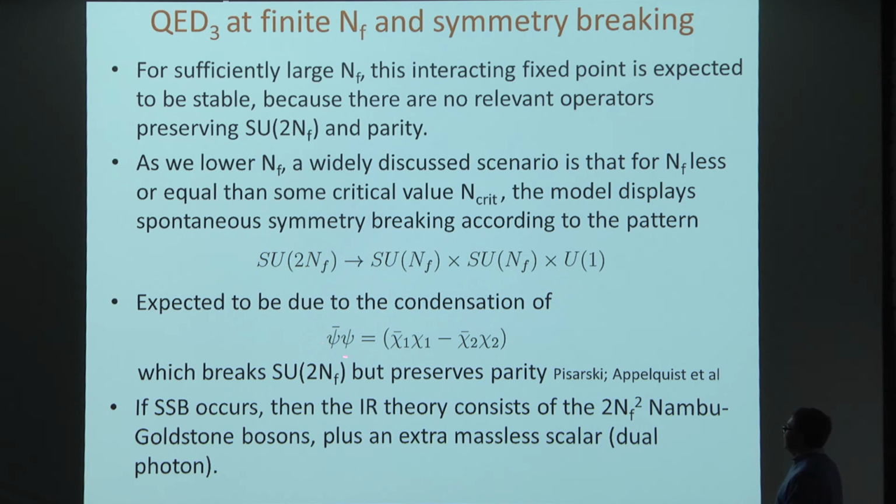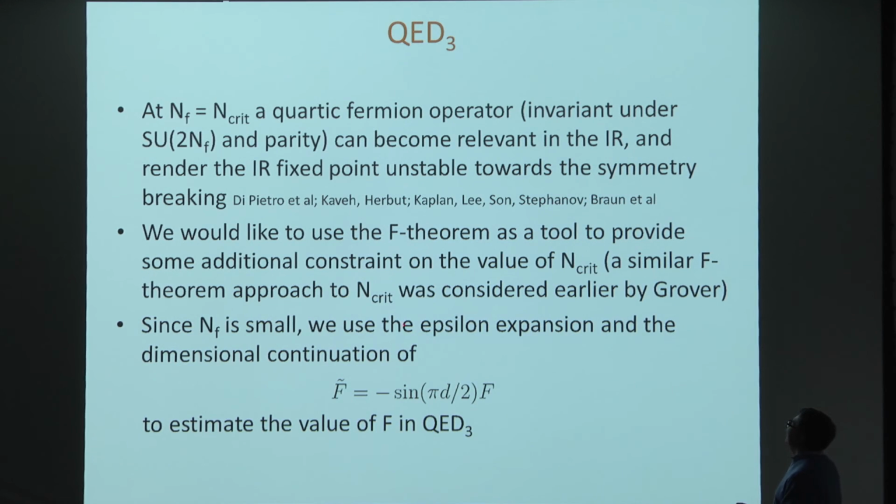So what will happen is that only this operator squared can be induced, and you have to know whether it's relevant or not. So the picture is that this quartic fermion operator can cross over from irrelevant to relevant at some N critical and cause destabilization of the CFT towards something that Nambu and Jona-Lasinio envisioned.